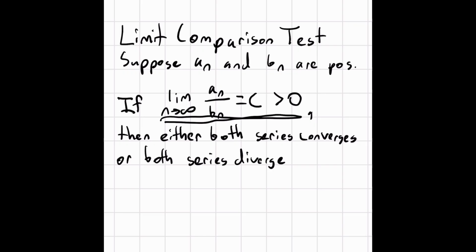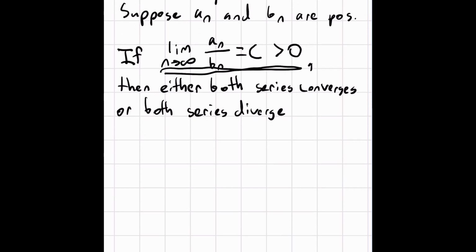So let's look at that same example from before, 1 over 2 to the n, but let's make it minus 1. Now those terms are going to be slightly larger than 1 over 2 to the n. Right?